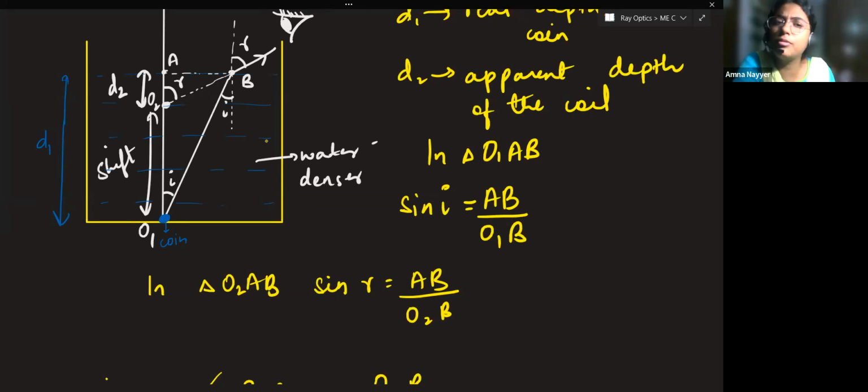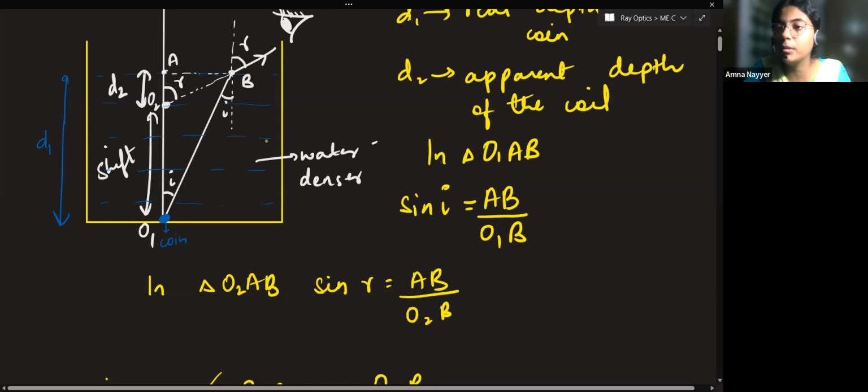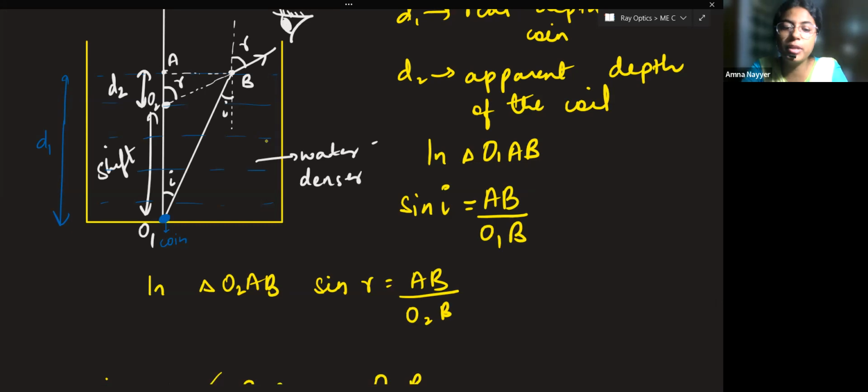If A is at a separation of, let's say, 5 centimeters from the coin, and B is just close to A, B will also be at a separation of 5 centimeters. What I'm trying to say is, if point A and point B are located very close to each other, then according to an approximation, we can say that O1B can be written as O1A and O2B can be written as O2A because these points are very close to each other.